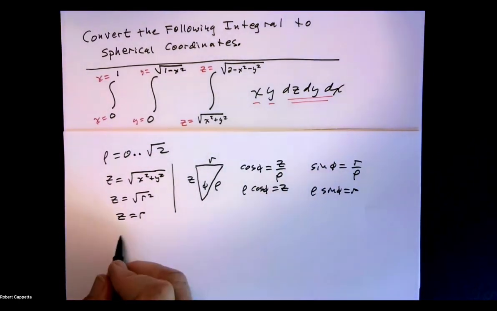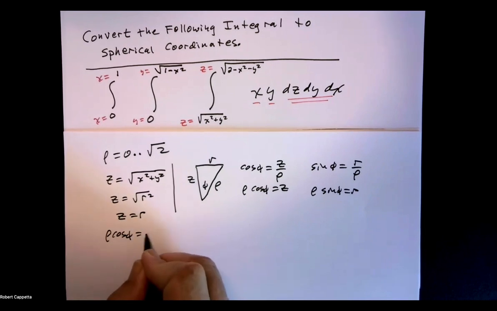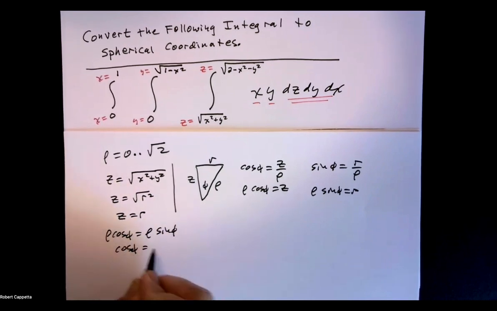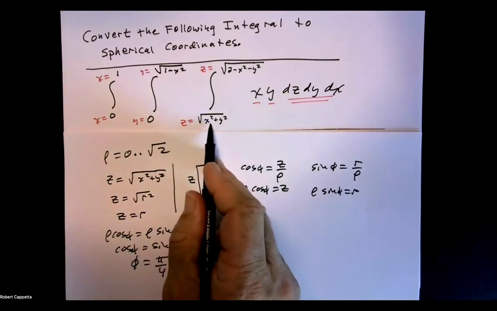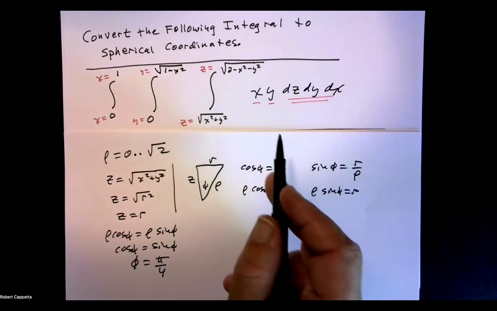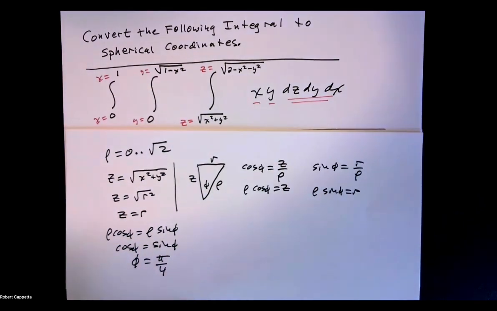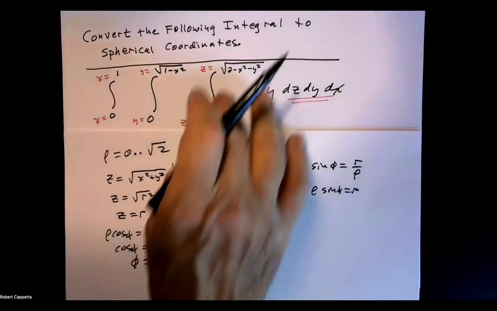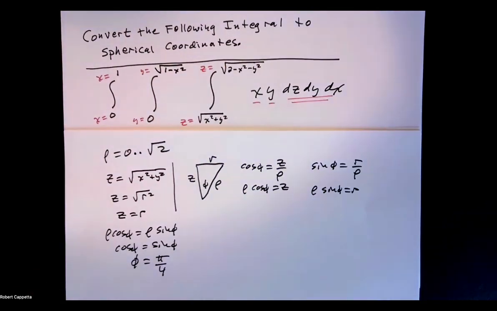Well, if z equals r, that means rho cos phi equals rho sine phi, which means cos phi equals sine phi, which means phi equals pi over 4. So this thing corresponds to phi is pi over 4, and this thing corresponds to rho equals square root of 2. So we have an idea of what those endpoints represent.